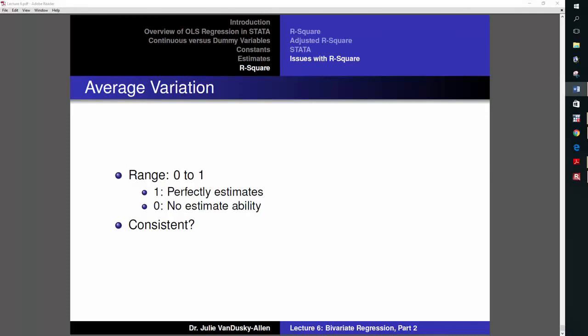However, even if our r-square is high, which indicates that our independent variable is explaining a lot of the variation in our dependent variable, this does not mean our independent variable is consistently explaining variation in our dependent variable. It could mean that our independent variable explains variation in our dependent variable really well at lower levels of our independent variable and poorly at other levels of the independent variable.